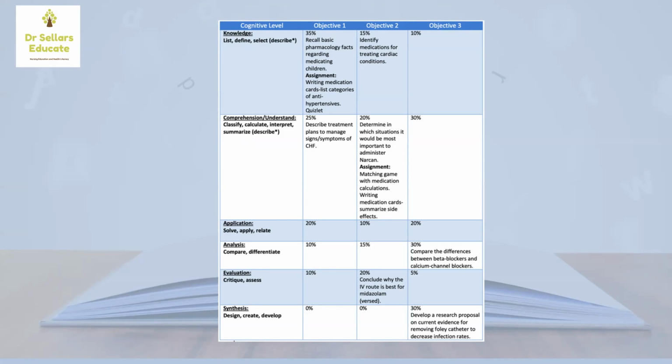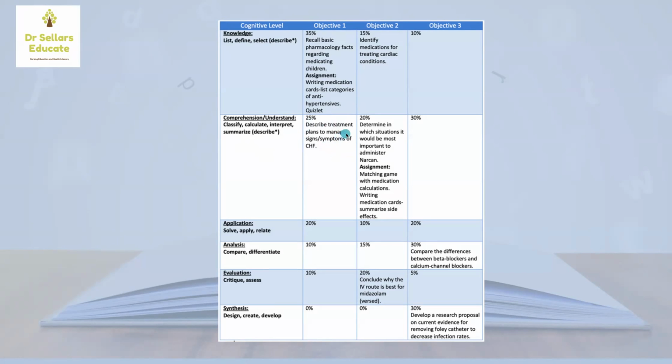Again, I know sometimes nurse educators can get a little confused if the exact verb doesn't show up on the exam question. Just have a good understanding, using your resources, of the examples of verbs that may be at that level, and understand the examples of assignments as well as objectives for that specific level.